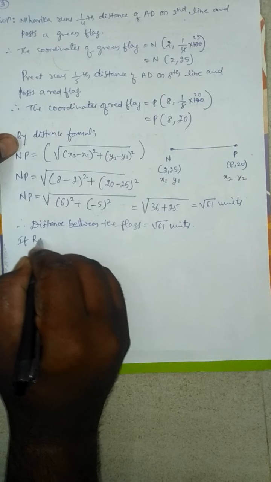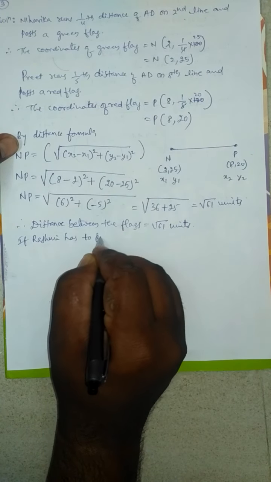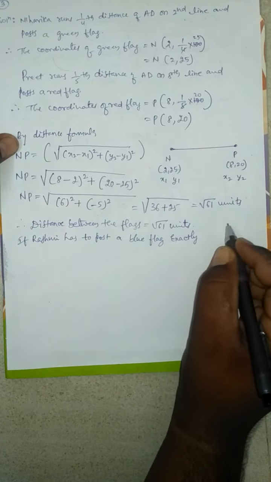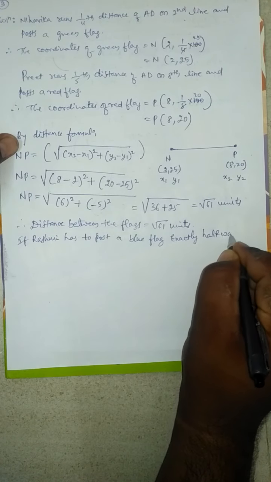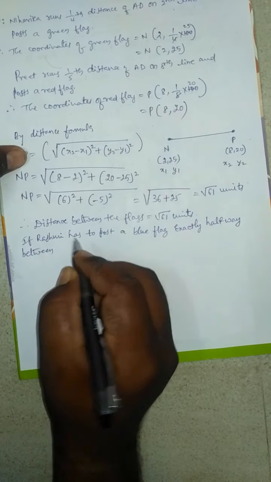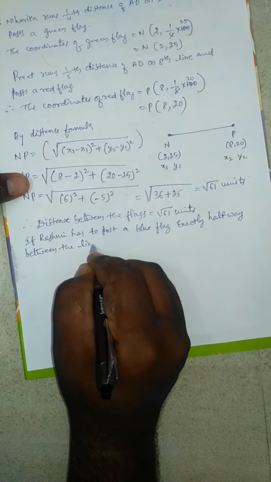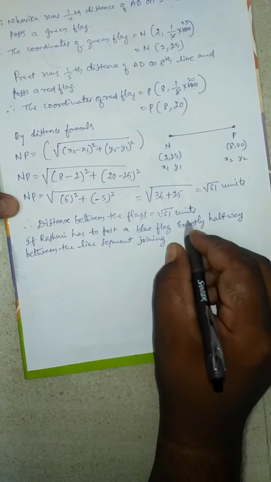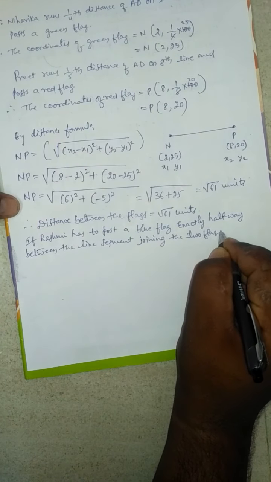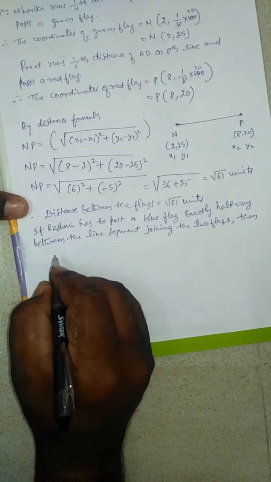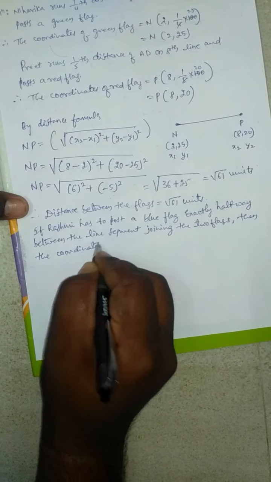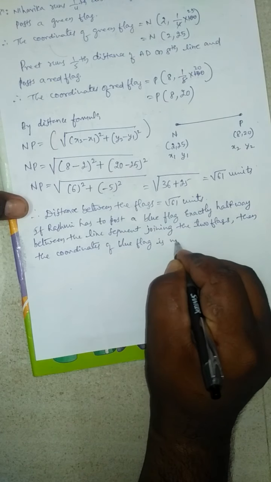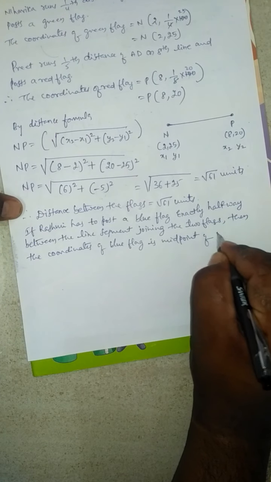Now, if Rashmi has to post a blue flag exactly halfway between the line segment joining two flags, then the coordinates of blue flag is midpoint of N and P.